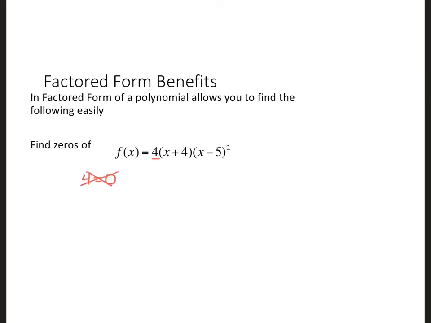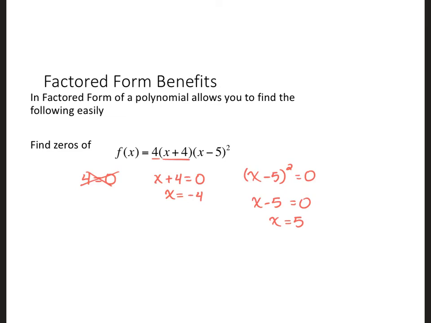My second factor, x plus 4, if I solve this, I have an x-intercept at x equals -4. And if I solve this equation, I have an x-intercept at 5.